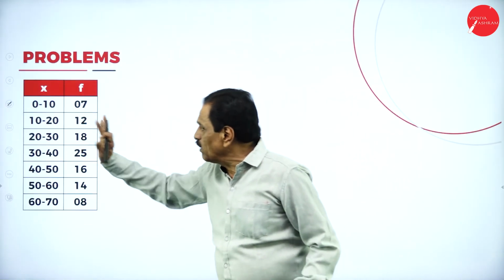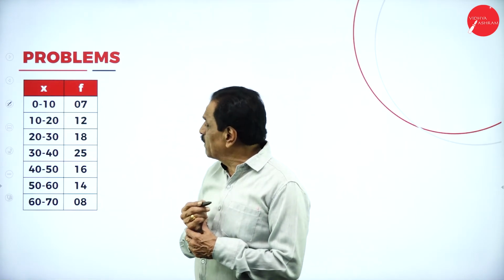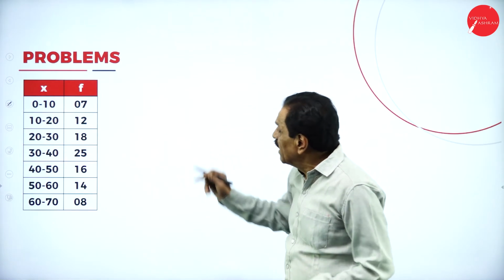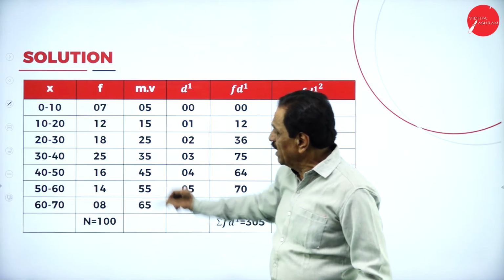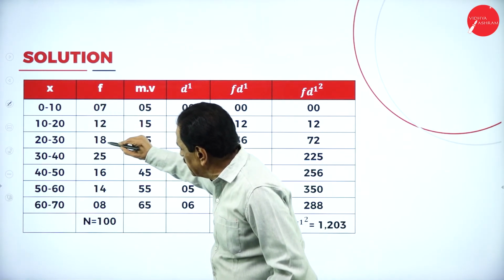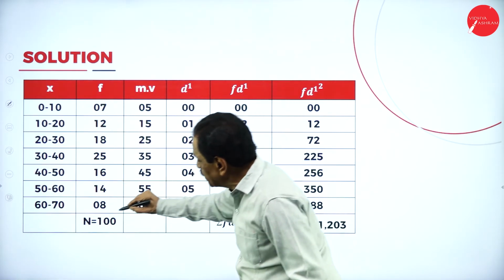So this is the problem: 0 to 10. 0 is called the lower limit, 10 is called the upper limit. 10 to 20, 20 to 30. What is the first step? Add the frequency: 7 plus 12, 19, plus 18 is 37, 62, 78, 92, 100.